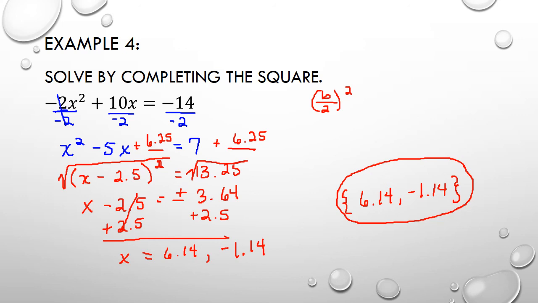But on all the ones where we've got decimal solutions, that had to be done by completing the square. Okay, so it's very important that we know this way of solving, because not every single problem that you solve is going to be nice whole numbers. So understand that if you get decimal answers, that means that problem could not have been factored and you would have to complete the square.